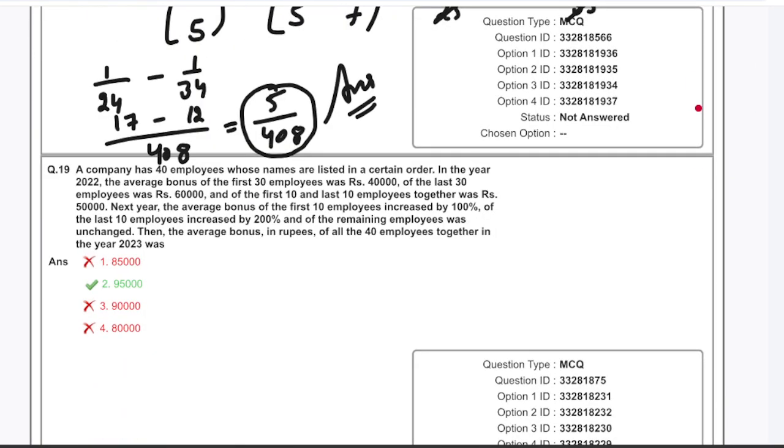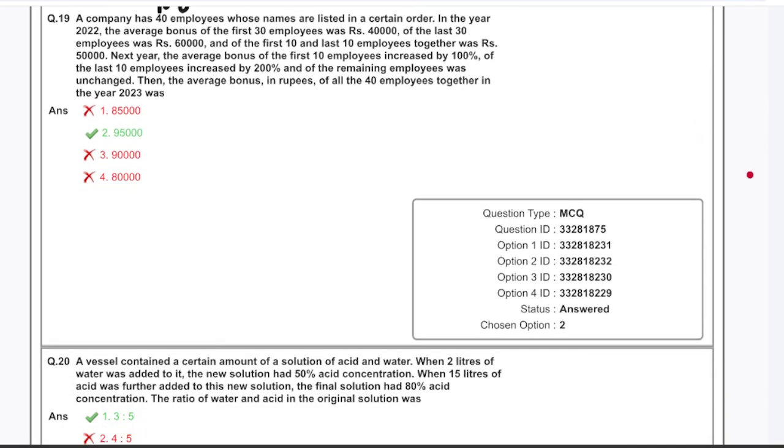Look at the 19th question now. This says a company has 40 employees whose names are listed in a certain order. In the year 2022, the average bonus of the first 30 employees. So for the first 30 employees, let's make it in four parts: this is the first 10, 20, 30, and this is 40.